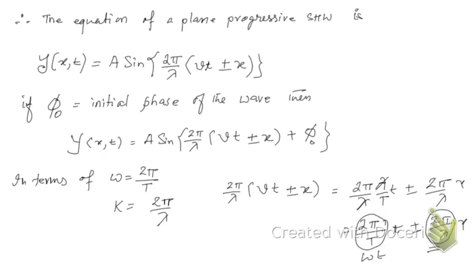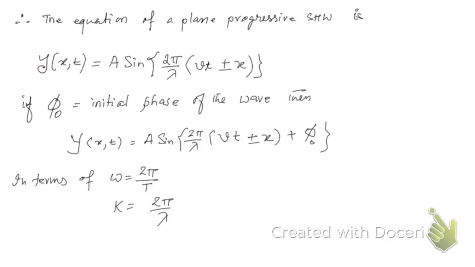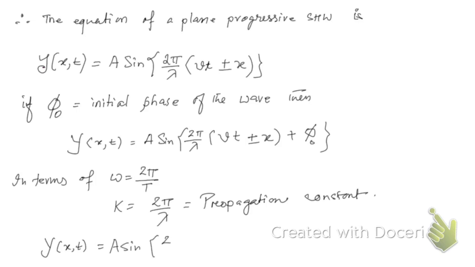So the above equation y of x comma t will be given by a sine. Let me show you again this part.